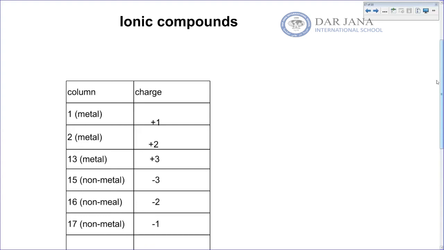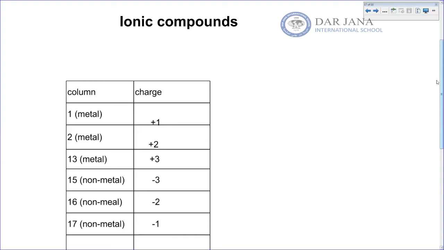They have 5 valence electrons, they still need 3 more electrons to become stable. That's why their charge is -3. Atoms in group 16 have 6 valence electrons and they still need 2 to become 8 and become stable. So they will gain 2 electrons and their charge will be -2.